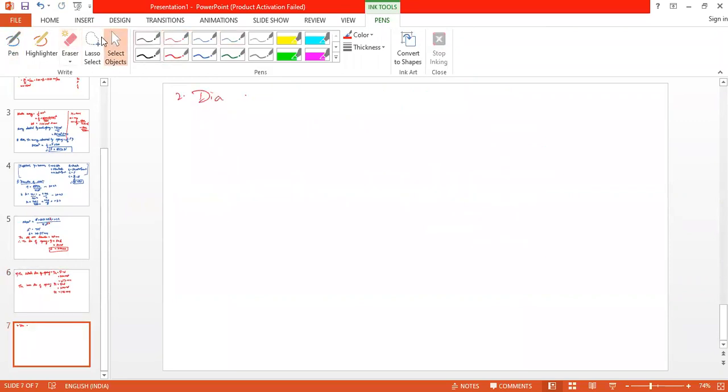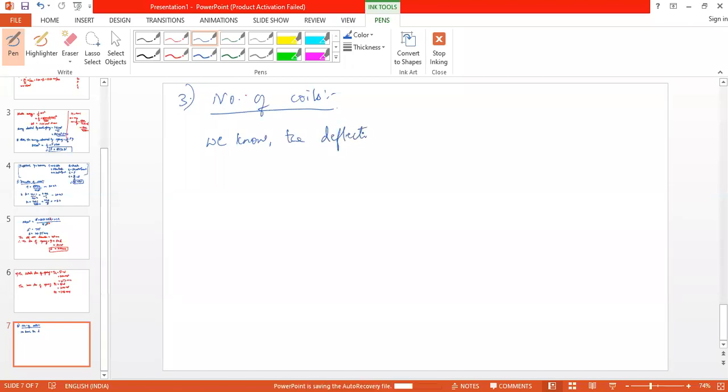And number 3, number of coils, that is number of coils in the spring. For that we know the deflection y is equal to 8f D cube I by d power 4 g.